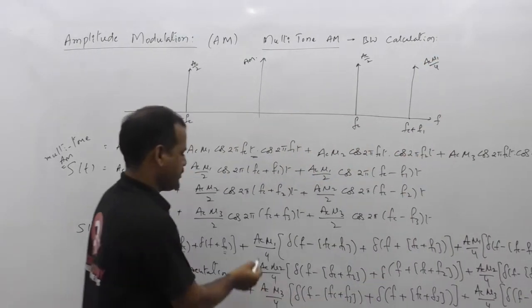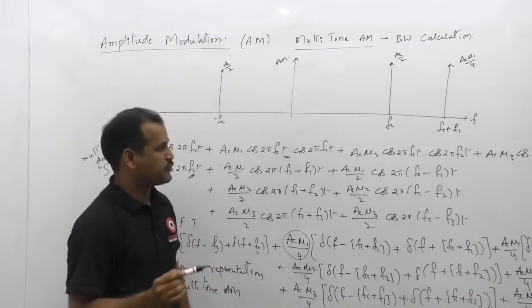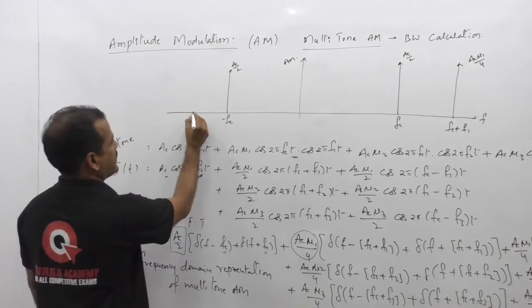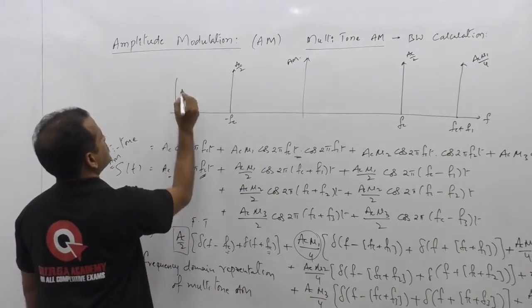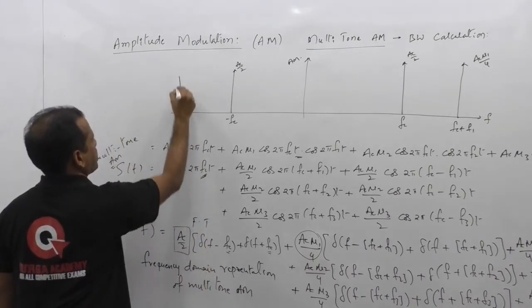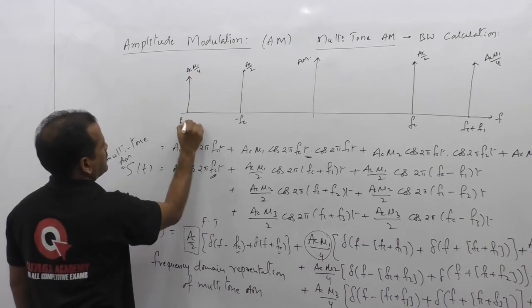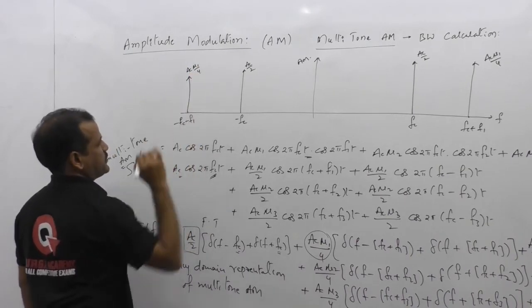Observe that the amplitude of this upper sideband term is AC mu1 by 4. Similarly, on the left hand side we are getting that. Let us take some graph here. This is AC mu1 by 4 at minus Fc minus F1.